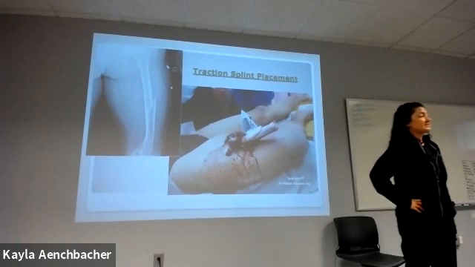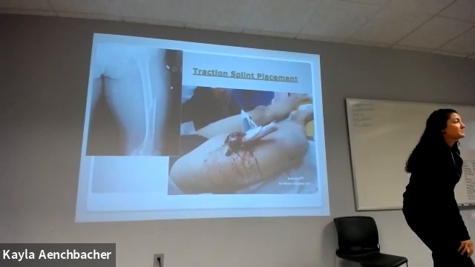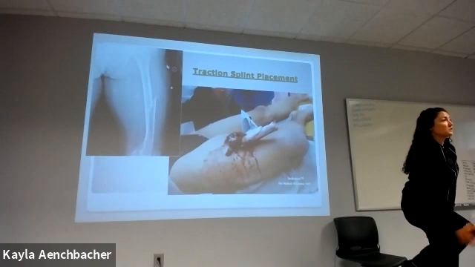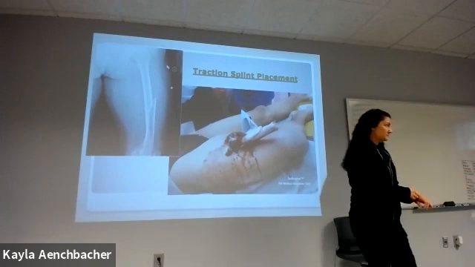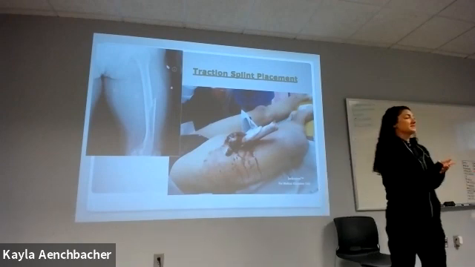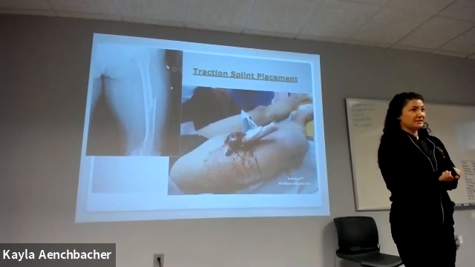You have to have a stable pelvis, obviously bilaterally. Okay, you have to have an intact patella. You can't have any injuries to your tib-fib, and you can't have any injuries to your foot or your ankle. It has to be an isolated closed femur fracture. I feel like that's not good.